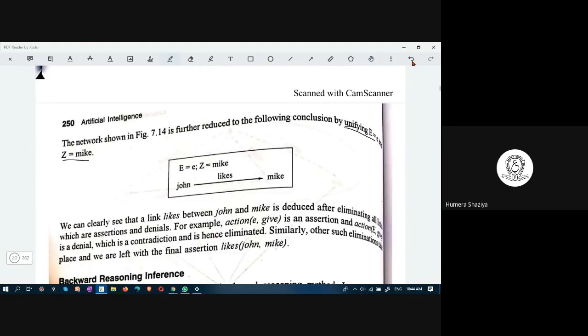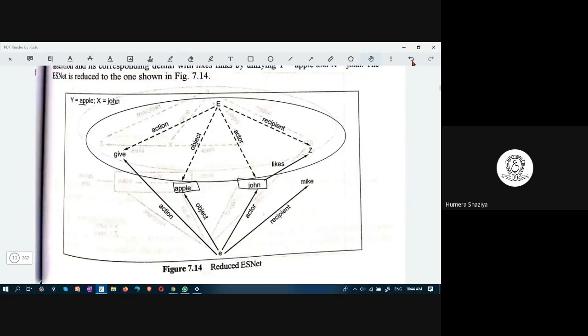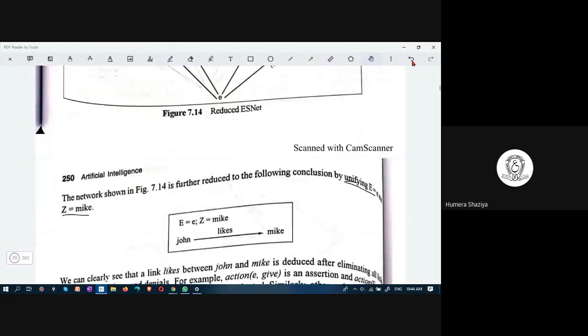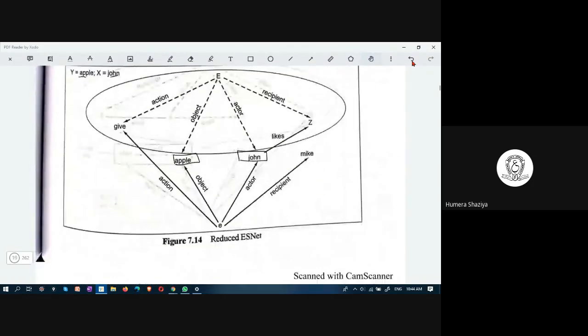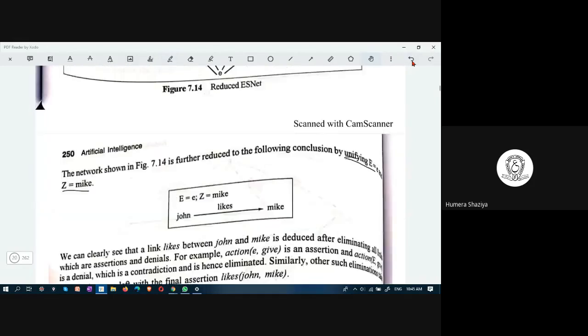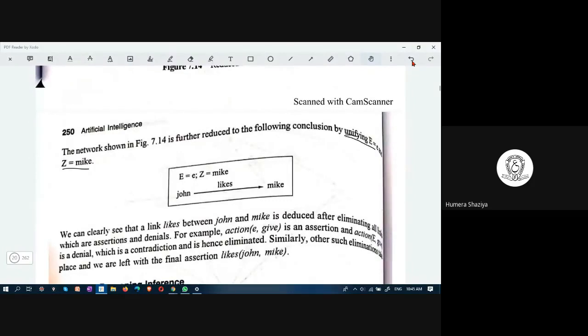When you are unifying E and small e and capital E, and you are binding Z with Mike, this E and E are unified. Unified means merged.